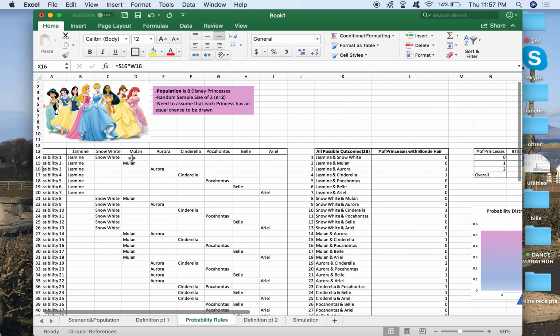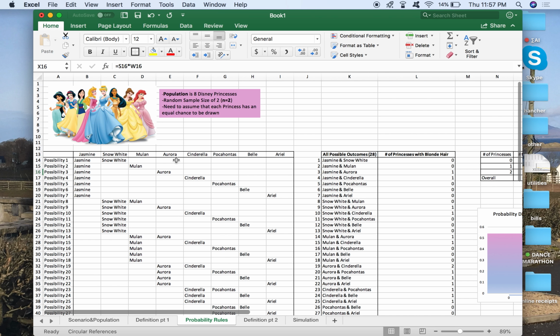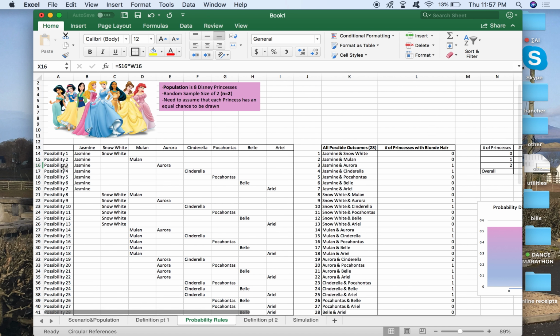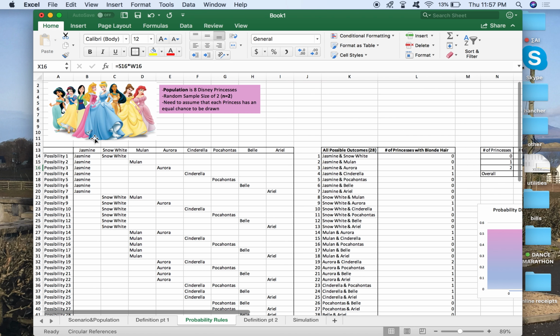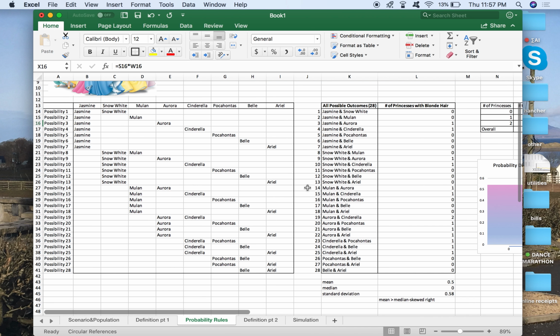So I went through and listed each princess on the top: Jasmine, Snow White, Mulan, Aurora, Cinderella, Pocahontas, Belle, and Ariel, and I went through the possibilities. So I found out there were 8 possibilities when I listed all of them out. I started with Jasmine and then went through each princess, and obviously there's no block for Ariel since she's already been paired up through here.